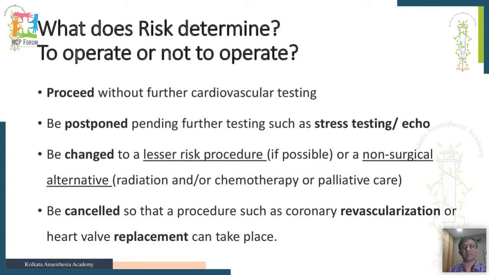Or the fourth option could be that this person, yes, needs the surgery, can be done, but before then I need to fix the cardiac problem, whether it is a coronary revascularization or a heart valve replacement, and then go ahead and do the non-cardiac surgery. So this entire risk assessment is to come to these possible 4 scenarios that you have to decide on.